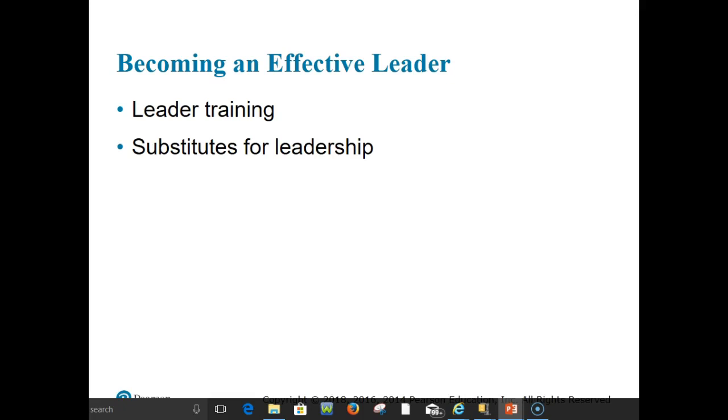Similarly, jobs that are inherently unambiguous, routine, and intrinsically satisfying may place fewer demands on leaders. And finally, such organizational characteristics as explicit formalized goals, rigid rules and procedures, or cohesive work groups can substitute for formal leadership.